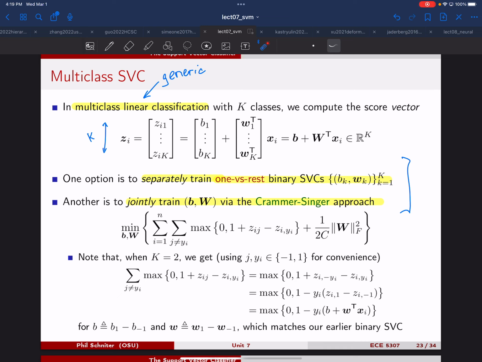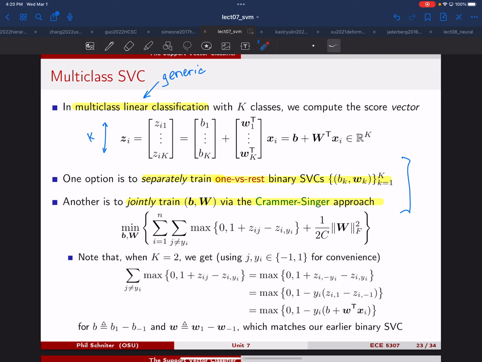It may not make obvious sense why this works, but it works. But let me at least try to convince you that when we focus on having just two classes, k equals 2, this ends up boiling down to exactly what we were doing before.